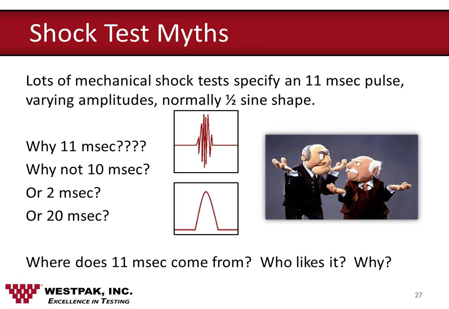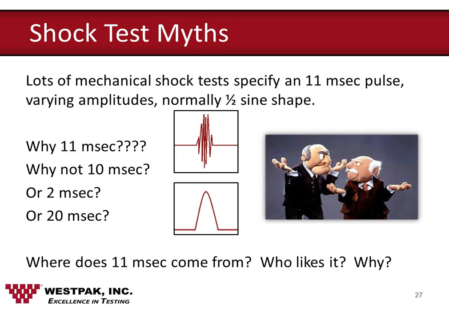I always have a good time talking about the various myths that have developed around shock testing in general. And one of these myths is that the 11 millisecond shock pulse represents kind of an ideal pulse.